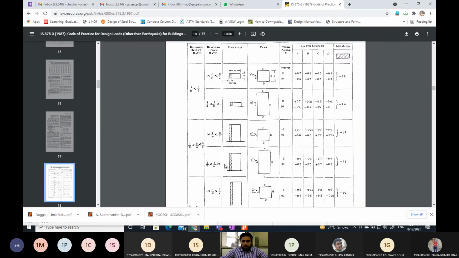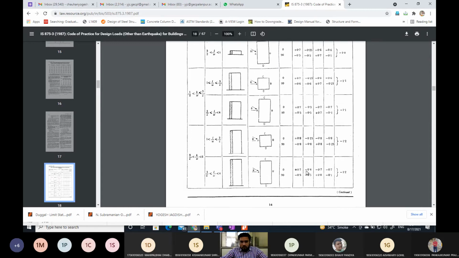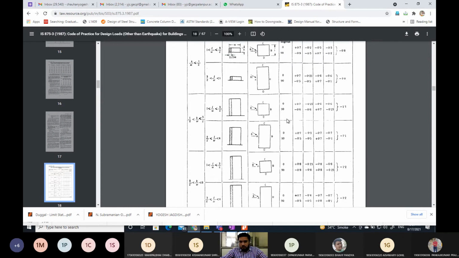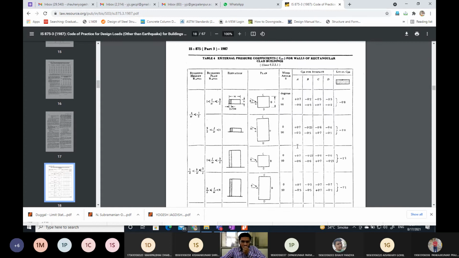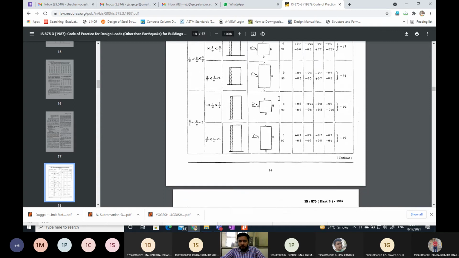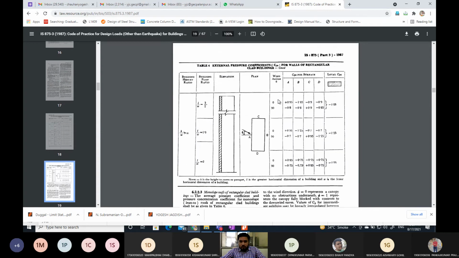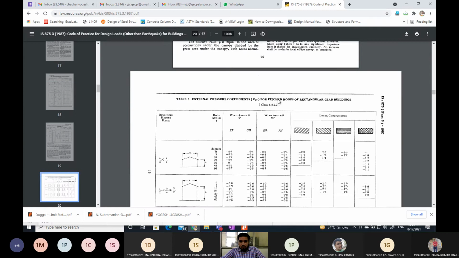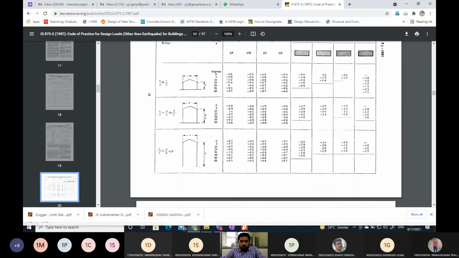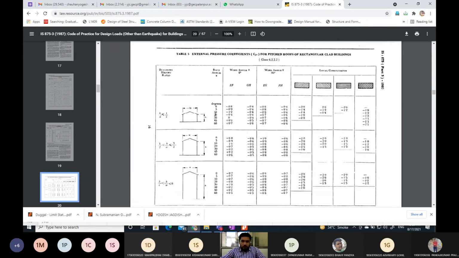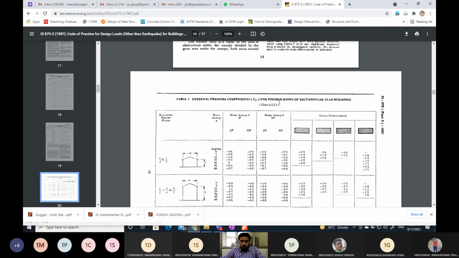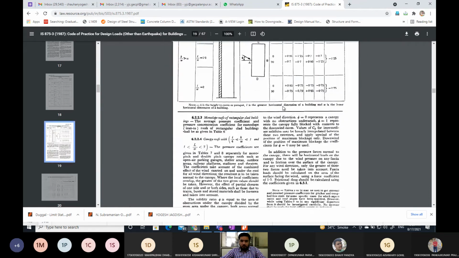So it is lying in this case. Wait a minute. This is for a rectangular plan building. In our case, this is for the pitched roof. This is for the flat roof.